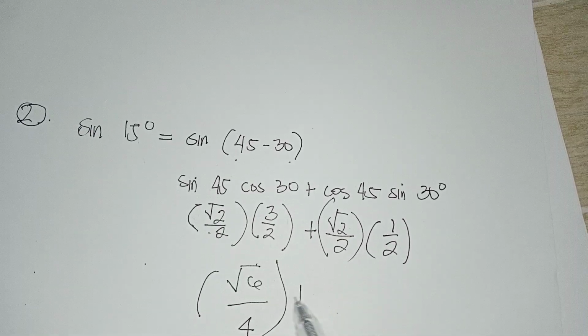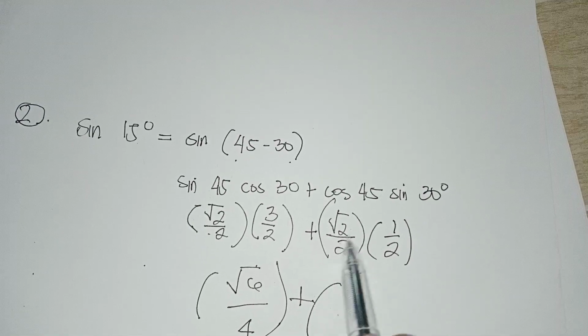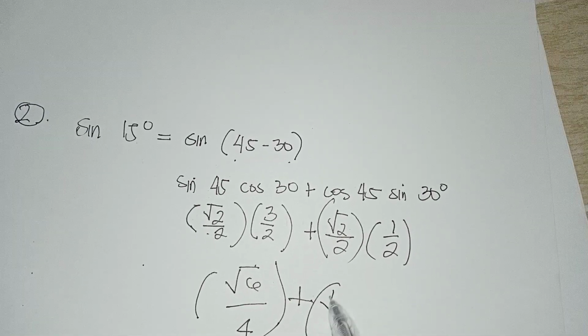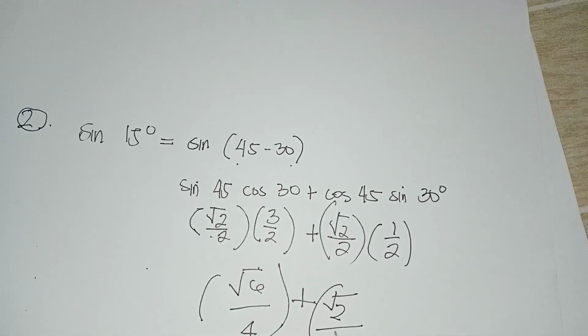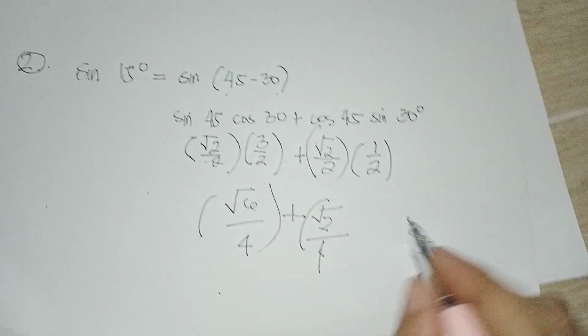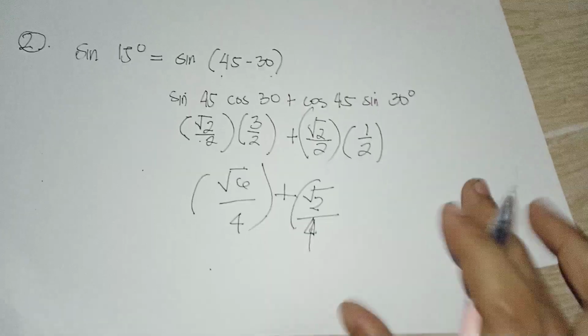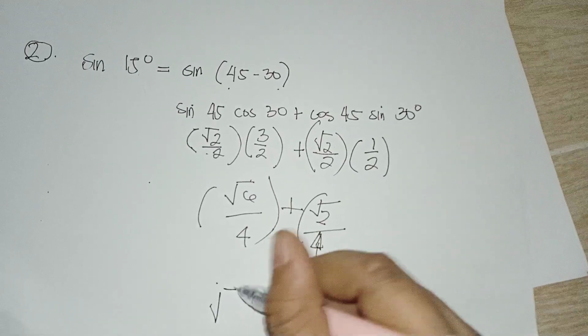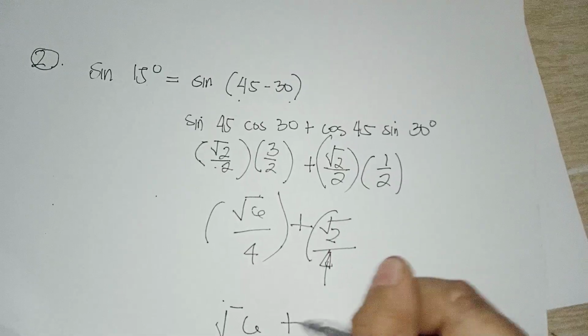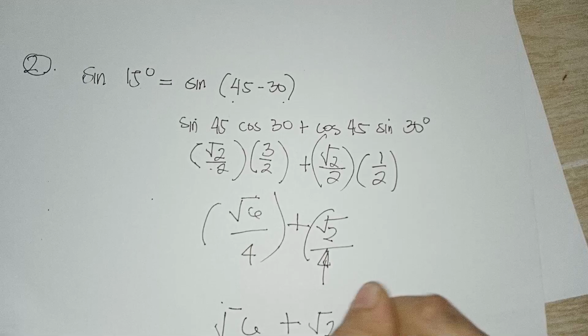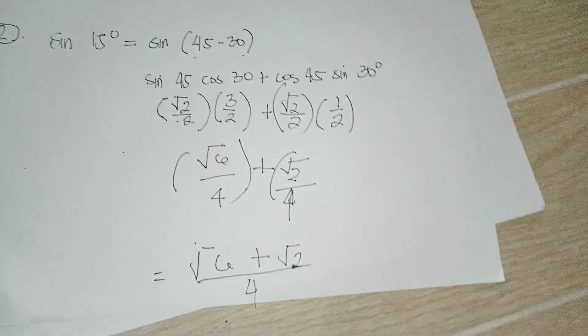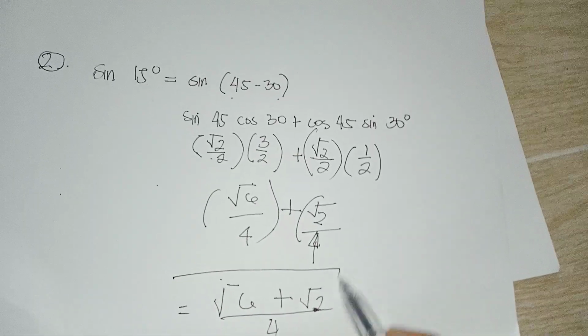The sign is negative. 2 times 1, that will be square root of 2 over 4. Square root of 6 minus square root of 2, all over 4. This is the answer.